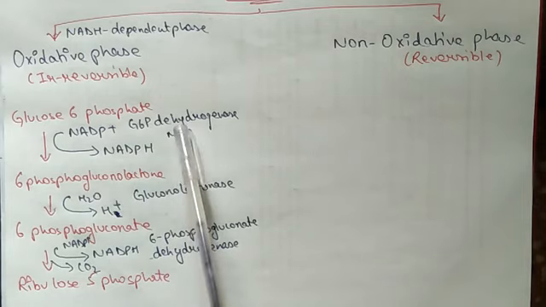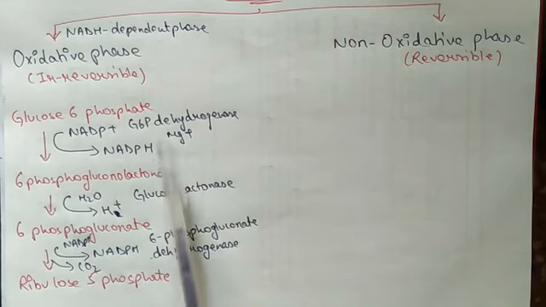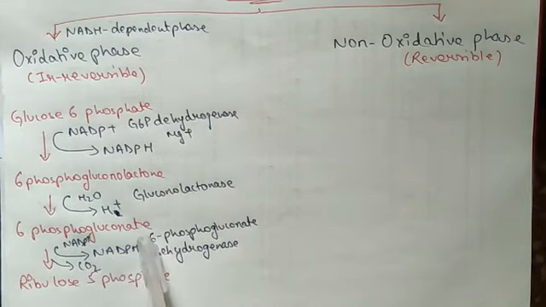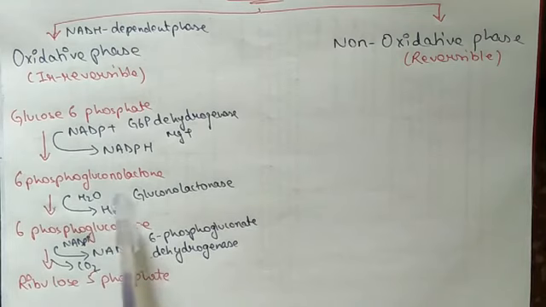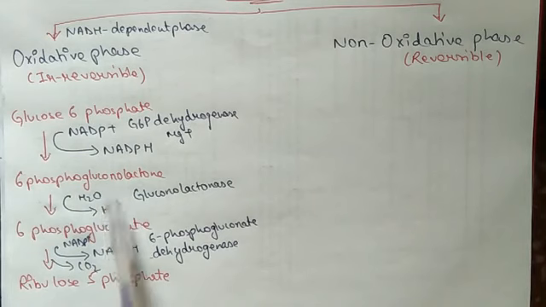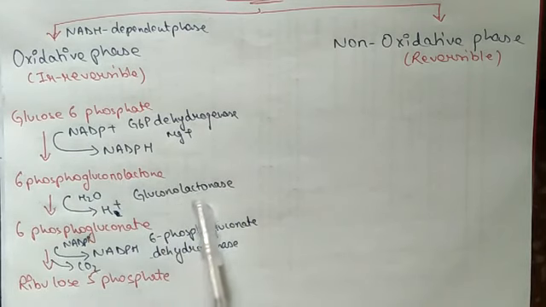Now from here 6-phosphogluconolactone gets converted into 6-phosphogluconate, and here a water molecule is used, and the enzyme used is gluconolactonase.